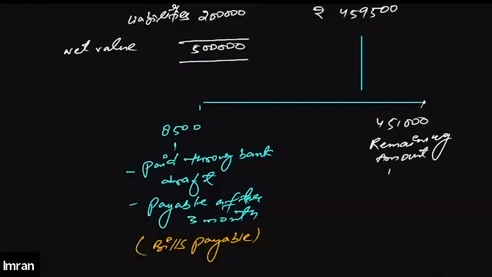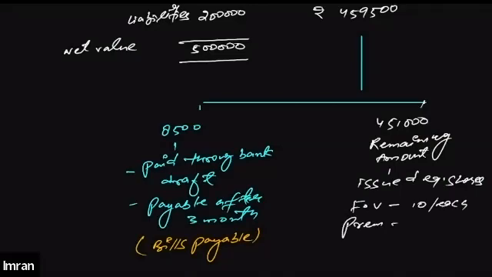So issue equity shares, face value 10 each, and the premium will be 10% of the face value. Got it. This is how the payment will be made.